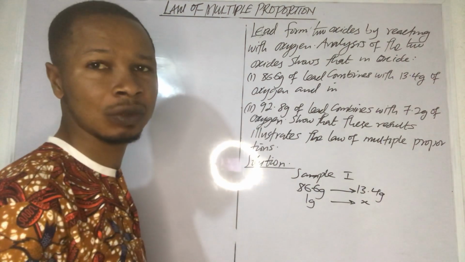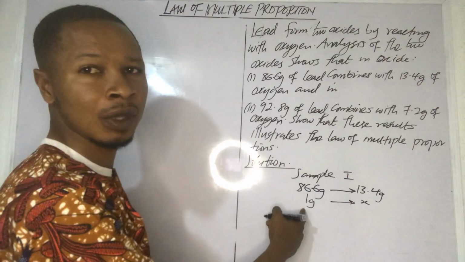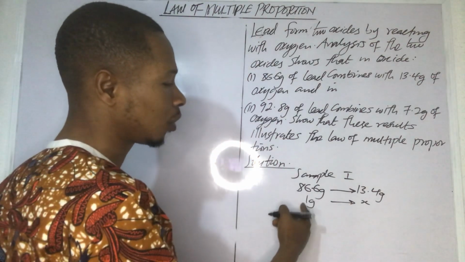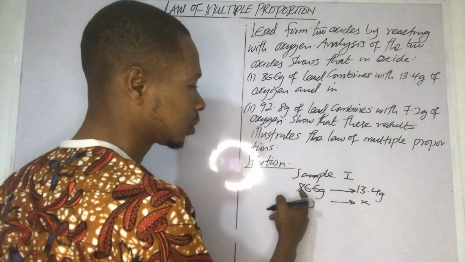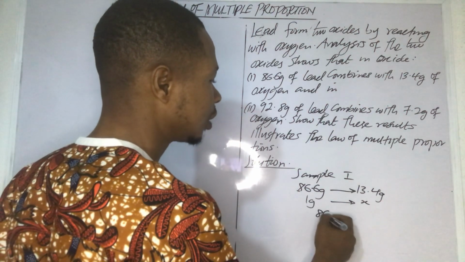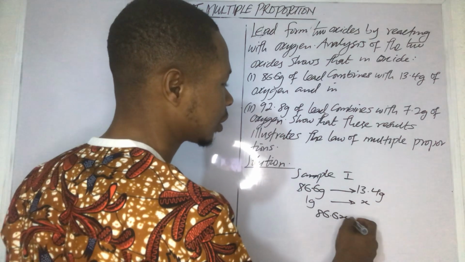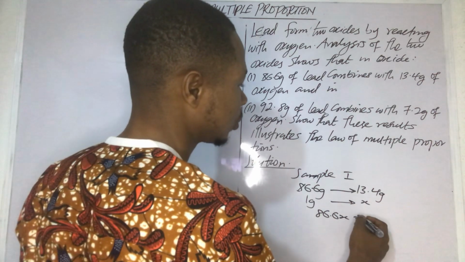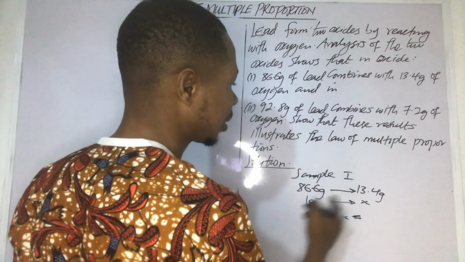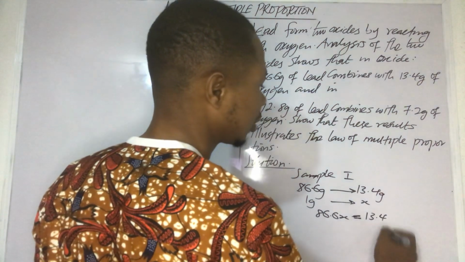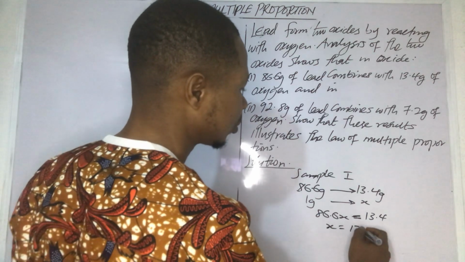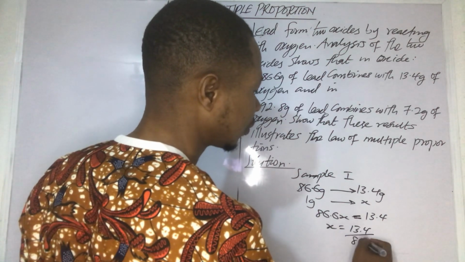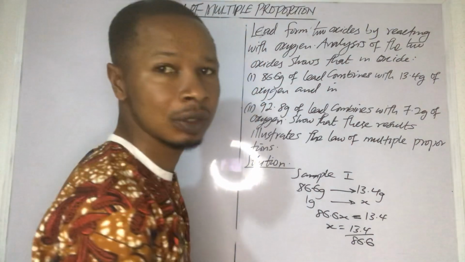I don't know the mass of oxygen that this will combine with. So to find it, I cross multiply: 86.6x is equal to 1 times 13.4, that is 13.4. Then x should be equal to 13.4 over 86.6.